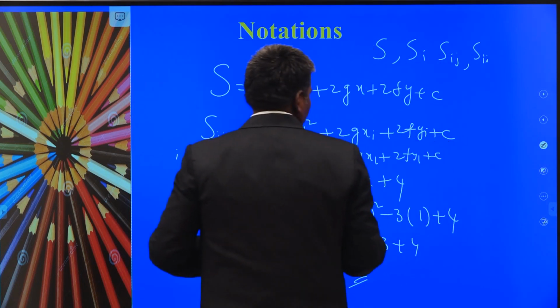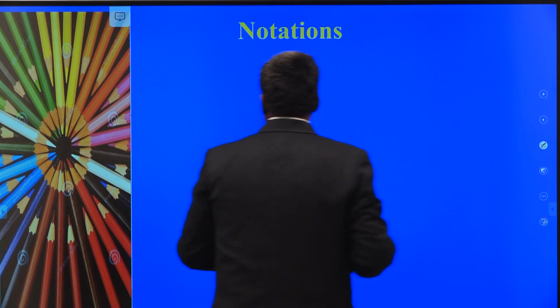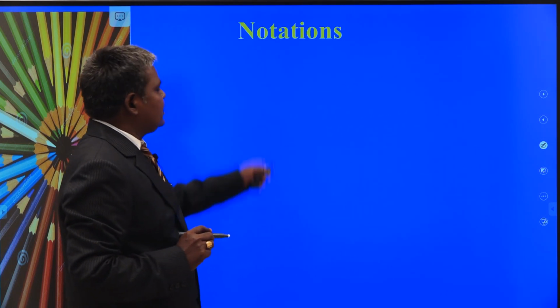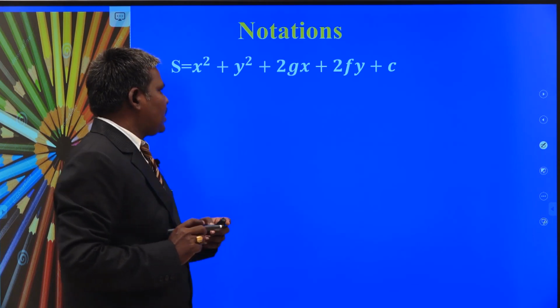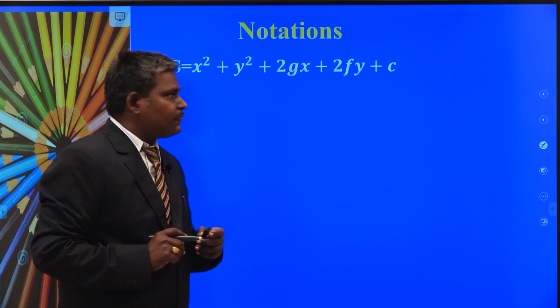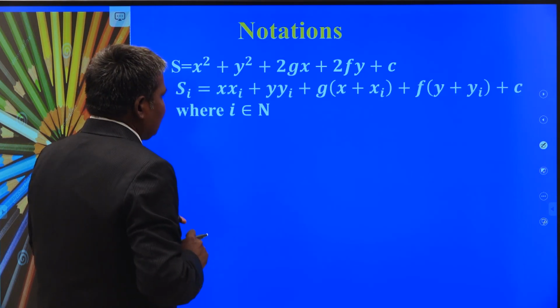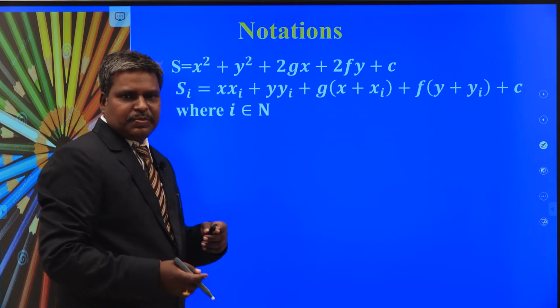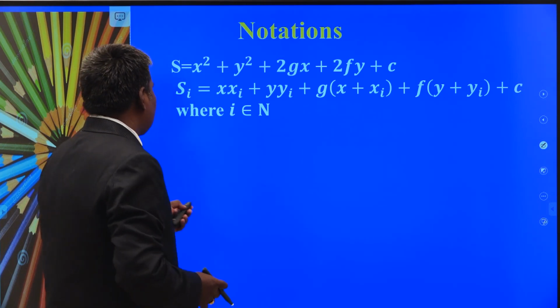Now, I will summarize all these notations for you. This is your S: x square plus y square plus 2gx plus 2fy plus c. This is Si: x xi plus y yi plus g times (x plus xi) plus f times (y plus yi) plus c, where i belongs to natural numbers.